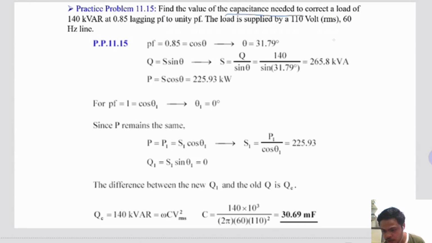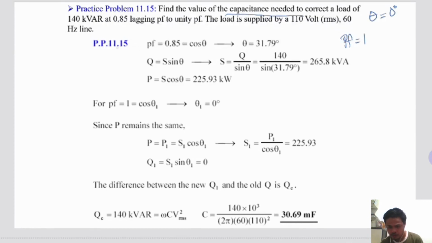It means that for unity power factor, this must be equal to 1, or theta should be 0 degrees. So from 0.85 to 1. The load is supplied by a 110 volts RMS, 60 hertz line.